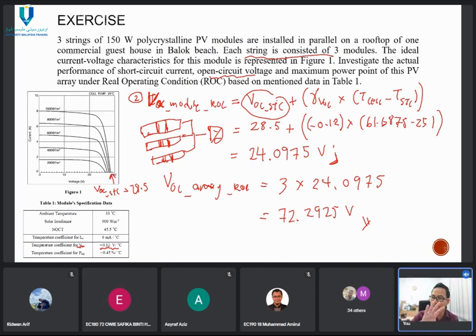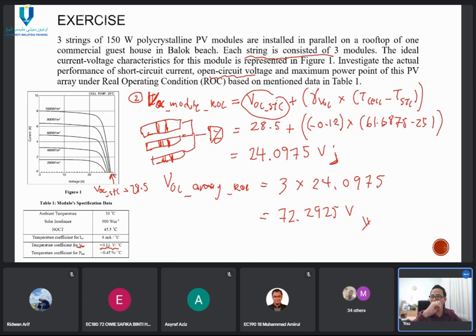In the datasheet, mostly they give you the values ISC, VOC, PMP for standard test condition. Remember the word STC, standard test condition. But sometimes they give two. One, standard test condition. Another one is the nominal operating condition, NOCT.